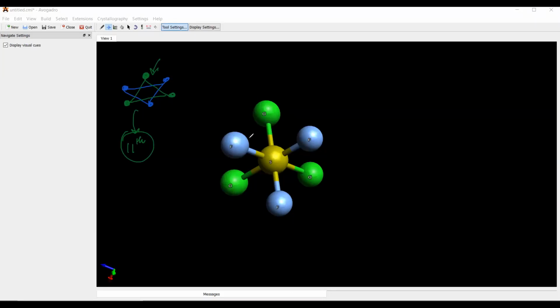So as you can see, I can also represent it like this. For example, you have green atoms, one green atom here, the other green atom here, and you have the other green atom here. These are your chlorine atoms, and then you have the blue atoms like this.